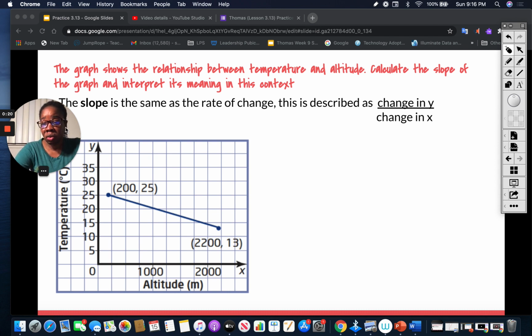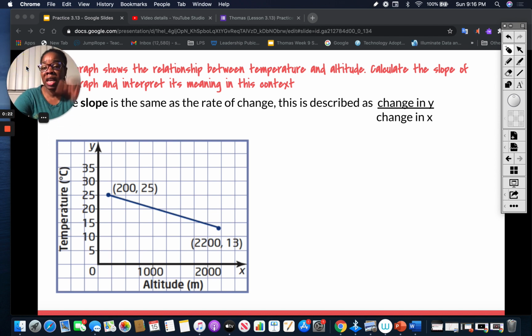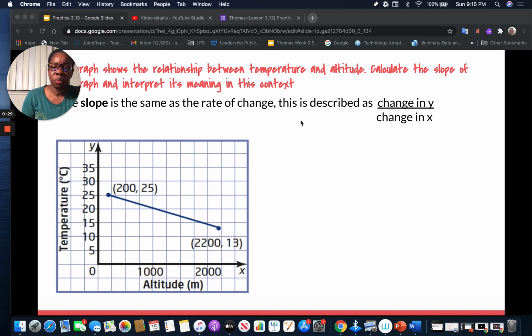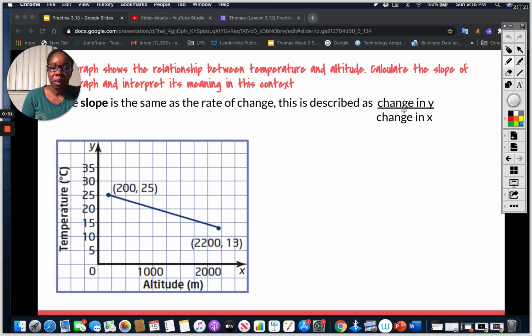What you need to do is from the graph, you can pick any 2 points. And since they have given us 2 points on the graph, we just want to go ahead and use the 2 points that are given. And then the other thing I would do is go ahead and construct my slope triangle.